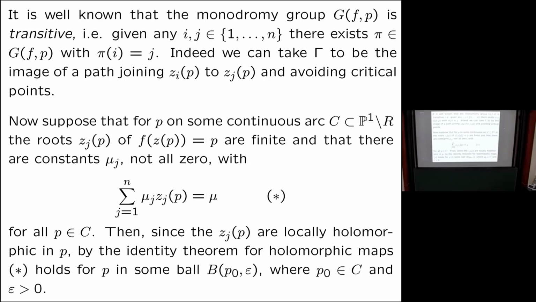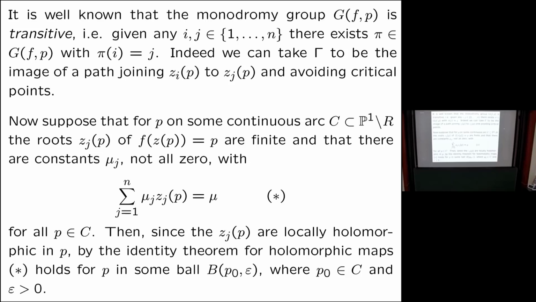So that means that if you take a P0 on this curve, you know that there is a sequence of points Pj such that the sum of mu_j Zj(Pj) is equal to mu, and Pj tends to P0. They're distinct points, right?